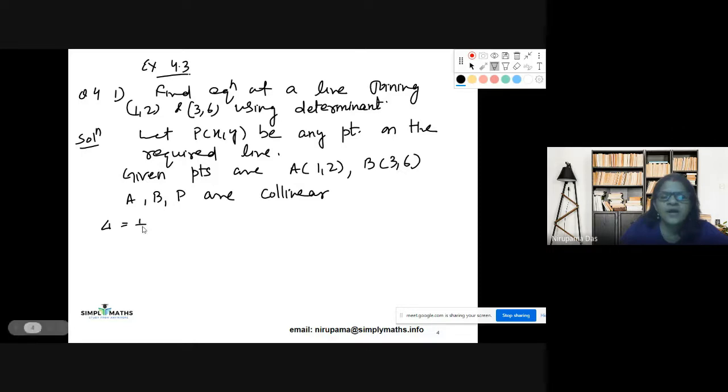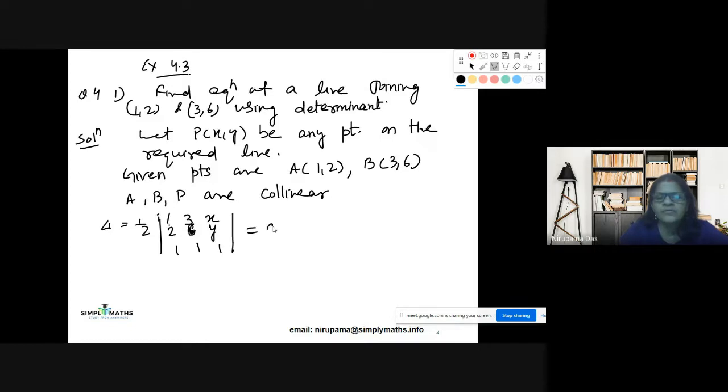Delta is half of the determinant; we write here x1, x2, x3. Either you take row wise or column wise, no issue. Rows: 1, 3, x; then 2, 6, y; then 1, 1, 1.